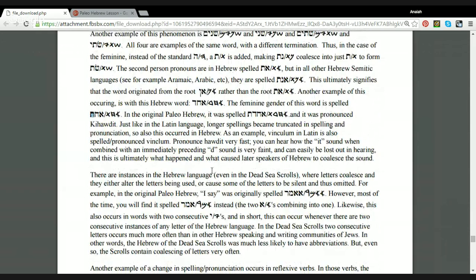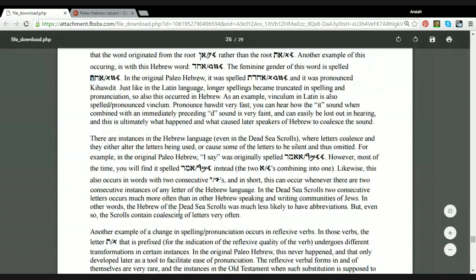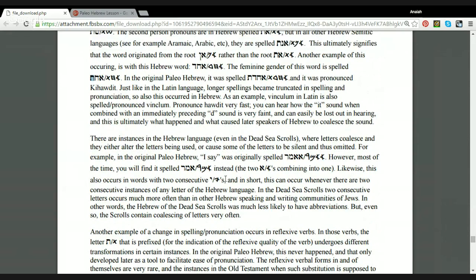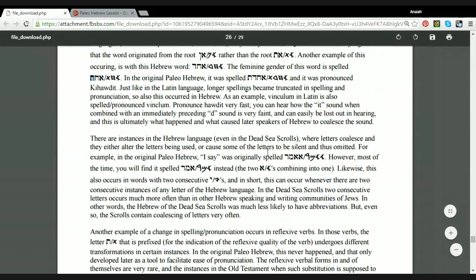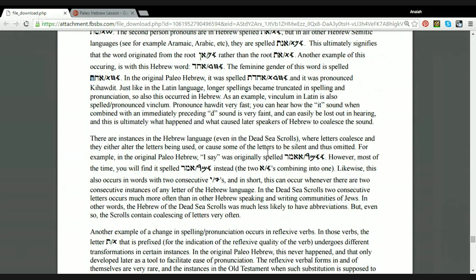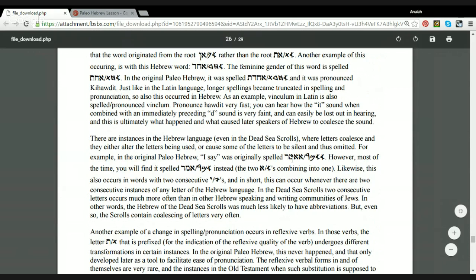In the Dead Sea Scrolls, we see examples of extra letters which have been removed in later Hebrew, like when you make a word first person future singular, you add an aleph in most words, but in Hebrew for amar, the word to speak or say, they don't add an aleph in regular Hebrew, but in the original Hebrew they did.